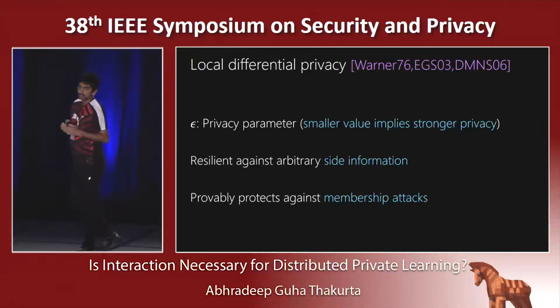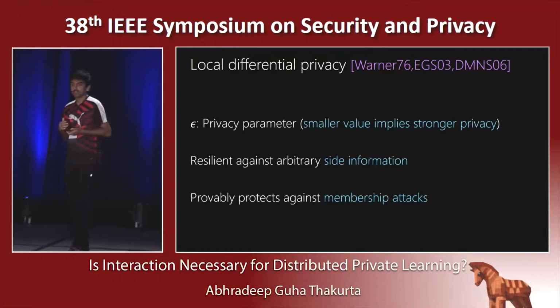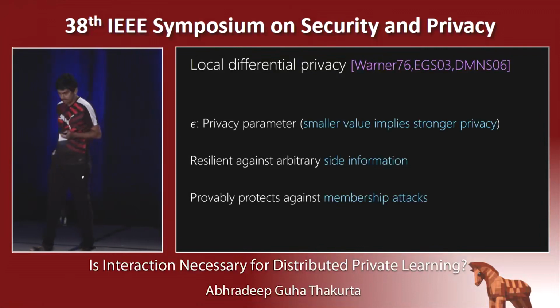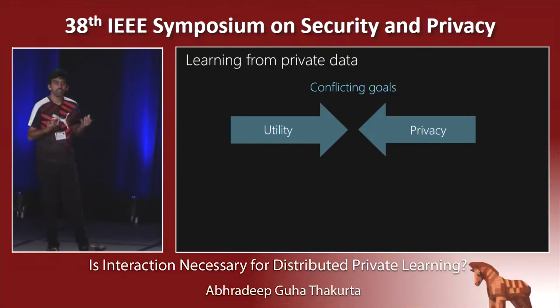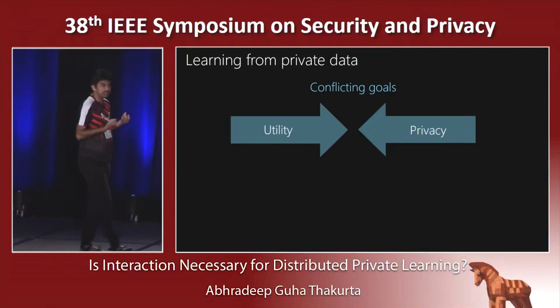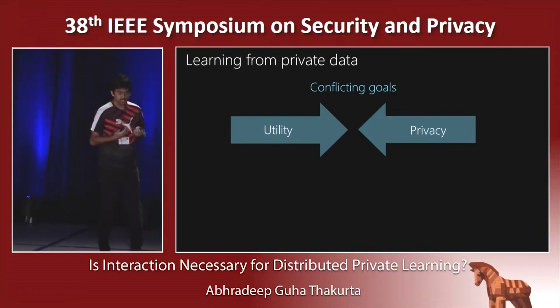And we are not the first to use this definition in the context of learning. There has been previous research which has tried to understand the relationship between this definition of differential privacy and how they scale with learning problems. Now, while trying to design these algorithms for learning problems, there is an apparent tension between utility and privacy. You want to be sufficiently accurate to give information.